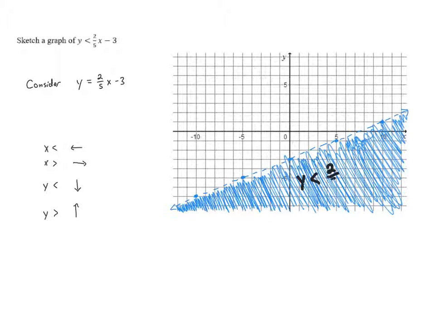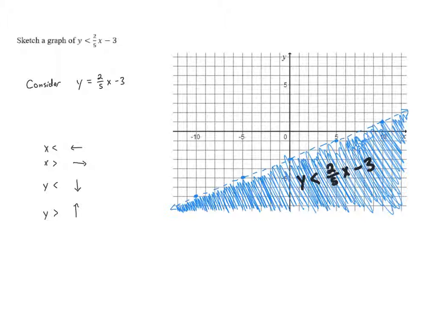So this bottom part that we've shaded in is the part that represents y is less than 2/5 x minus 3, because this represents the part of the plane where the y-coordinate is actually less than 2/5 x minus 3. This line tells us where the y-coordinate is equal to 2/5 x minus 3, but if we want the y-coordinate to be lower, we need to go lower down.